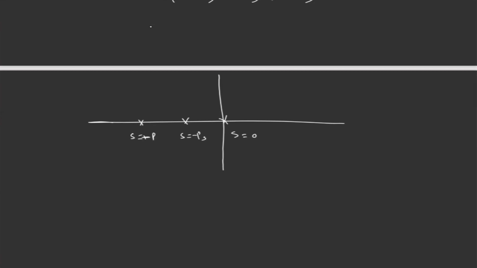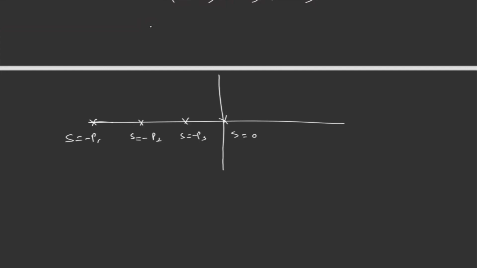And if you place these poles in the S plane, this is my s equal to 0. This is, for example, s equal to minus P3, and this is s equal to minus P2, and this is s equal to minus P1.